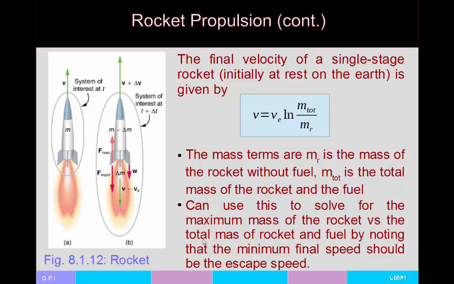So we solved for the escape speed of the Earth back in the lectures that covered energy conservation. So you can use that to plug in for this V and then solve for how big the rocket loaded with fuel should be with respect to the rocket without fuel in order to make this escape speed.